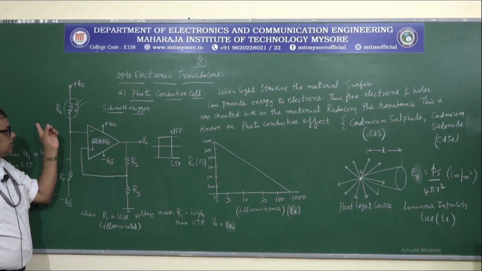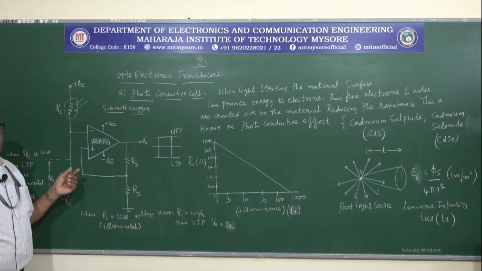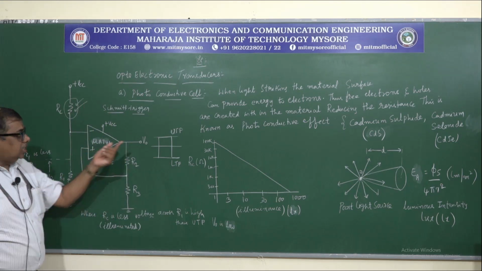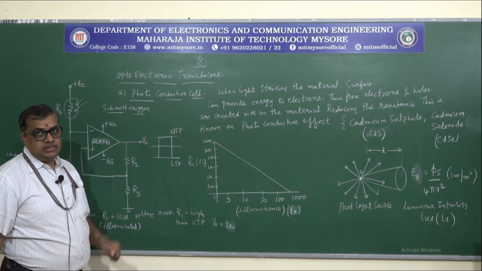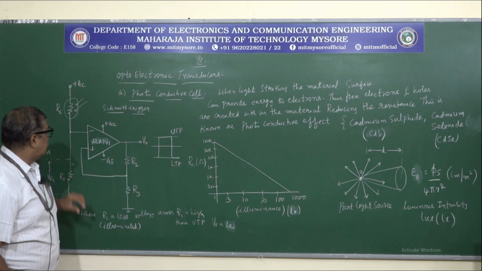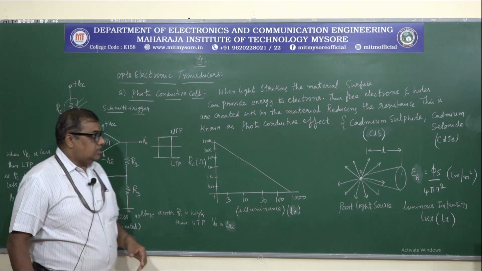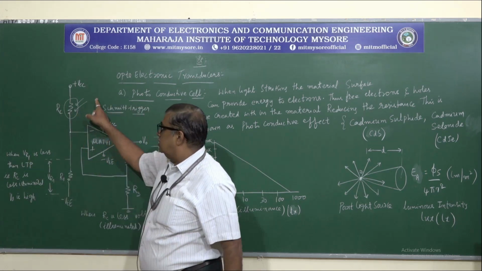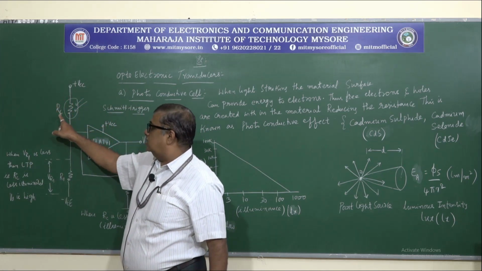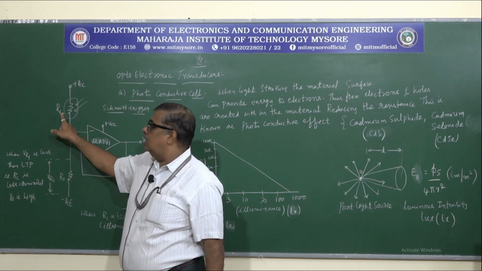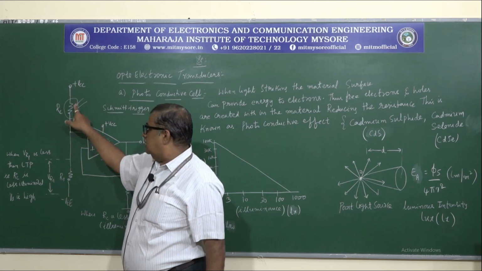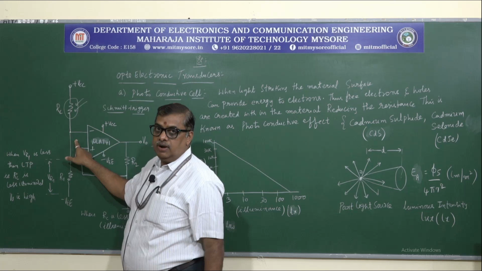So, this is a simple circuit where we are going to measure the UTP and LTP levels. Here the photoelectronic transducer is connected in the form of a voltage divider.